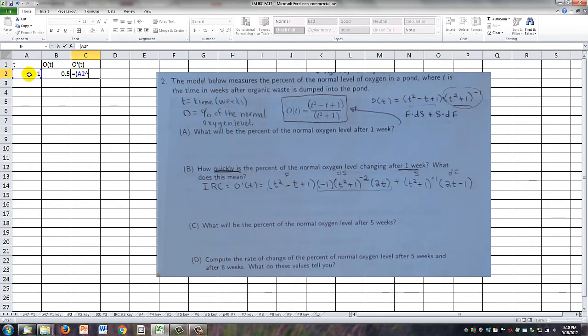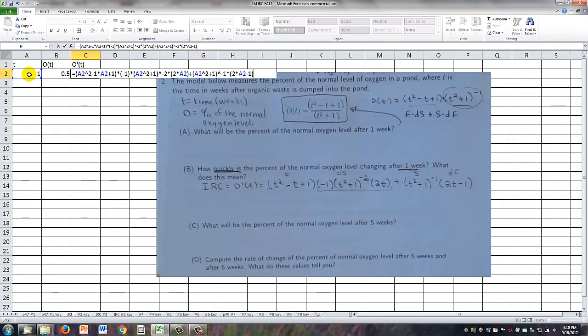Parentheses t squared minus 1 times t plus 1, close the parentheses, times parentheses negative 1, close the parentheses, times parentheses t squared plus 1, close the parentheses, caret negative 2 times parentheses 2 times t, plus parentheses t squared plus 1, close the parentheses, caret negative 1 times parentheses 2 times t minus 1.